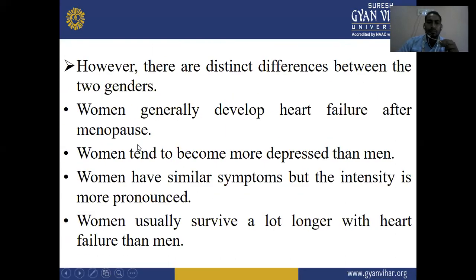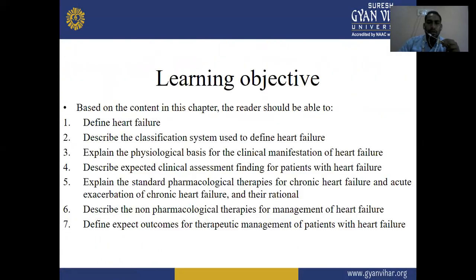Recall this chapter. Learning objectives. Based on the content in this chapter, the reader should be able to define heart failure, describe the classification system used to define heart failure, explain the physiological basis for the clinical manifestations of heart failure, describe expected clinical assessment findings for patients with heart failure, explain the standard pharmacological therapies for chronic heart failure and acute exacerbation of chronic heart failure and their rationales.